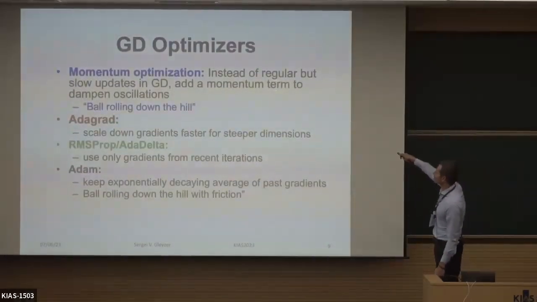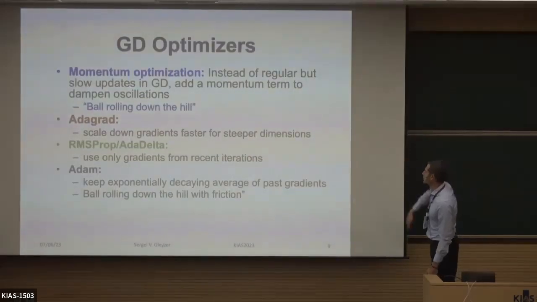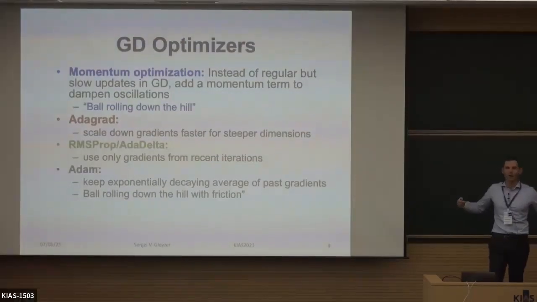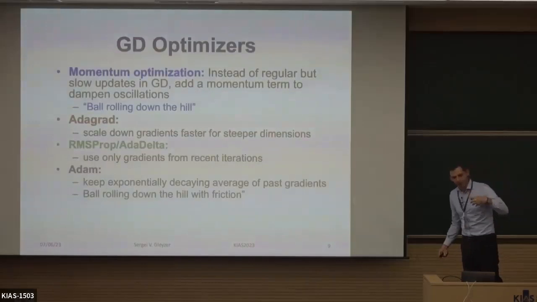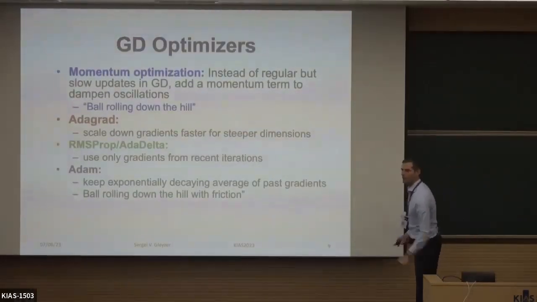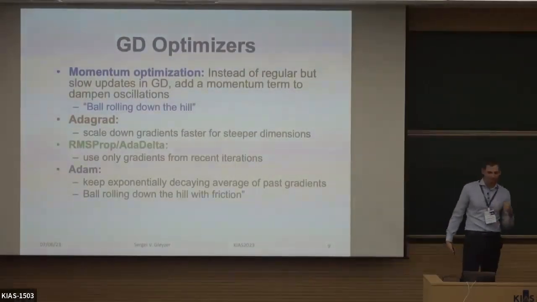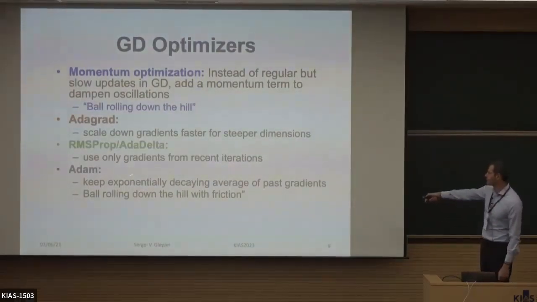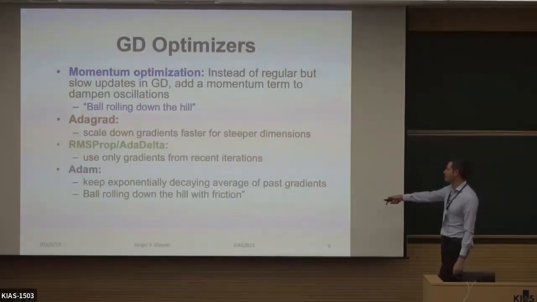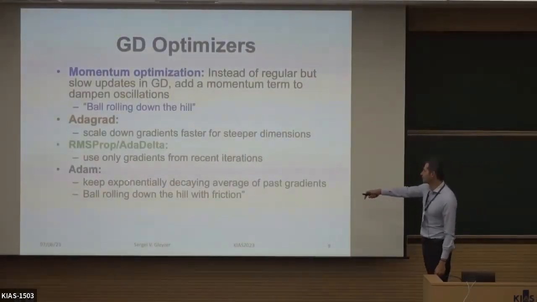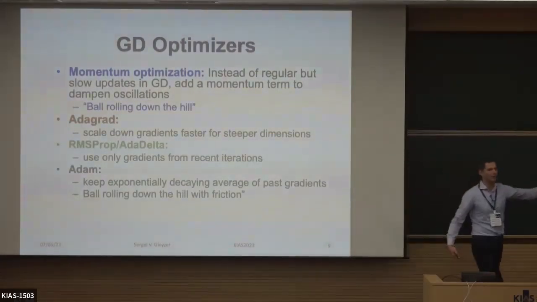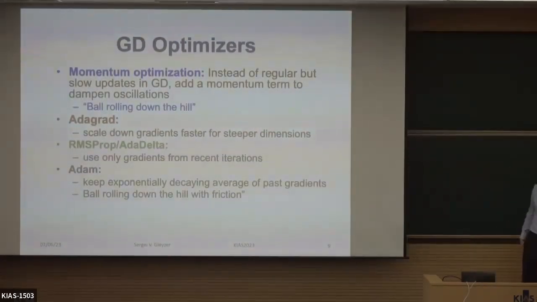So instead of just a regular, relatively slow updating gradient descent, you can think of this thing as a ball rolling down the hill in our going-down-the-hill analogy. All right. So you add some momentum. You push it in order to dampen those oscillations. Right. That's the idea. Now, this idea you could evolve. For instance, Adam. Right. The idea is that now you're introducing an exponentially decaying average of the past gradient. So you're using information from right before that to update that.